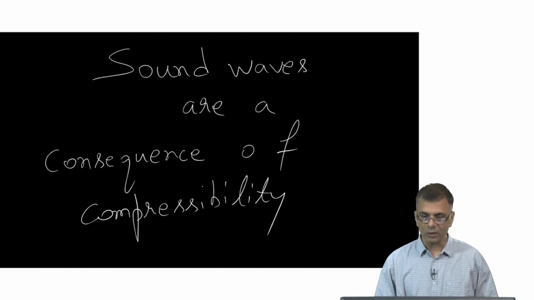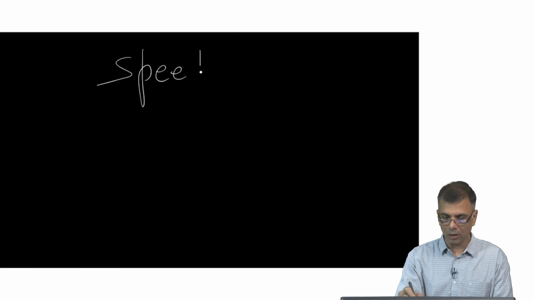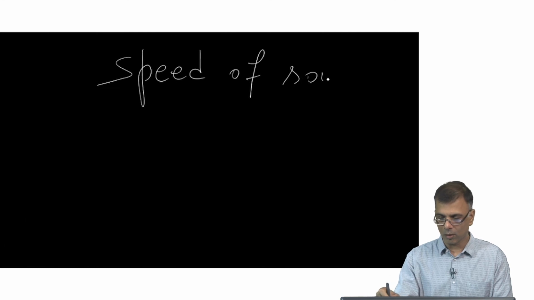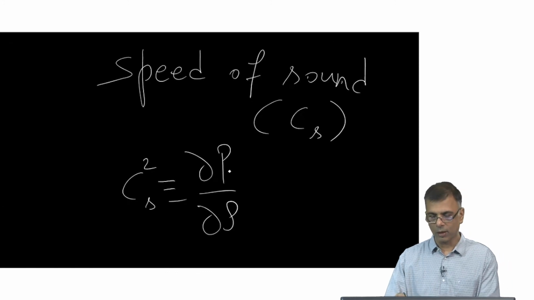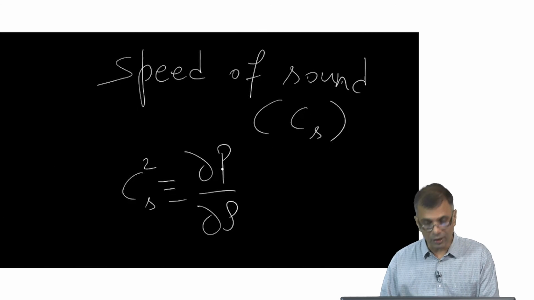And so one of the main things we will do as we go along is derive the speed of sound, and you know this very well from maybe the 11th grade onwards. You know that the speed of sound, generally denoted by C sub s, is given by the square root of dP by d rho, where P is the pressure and rho is the density, right?